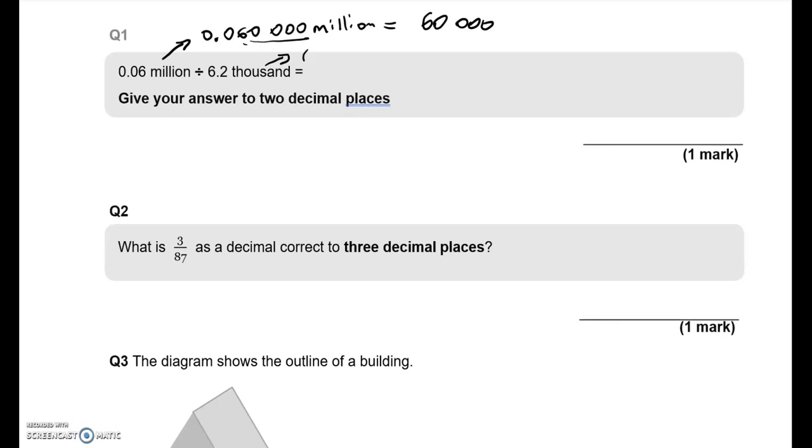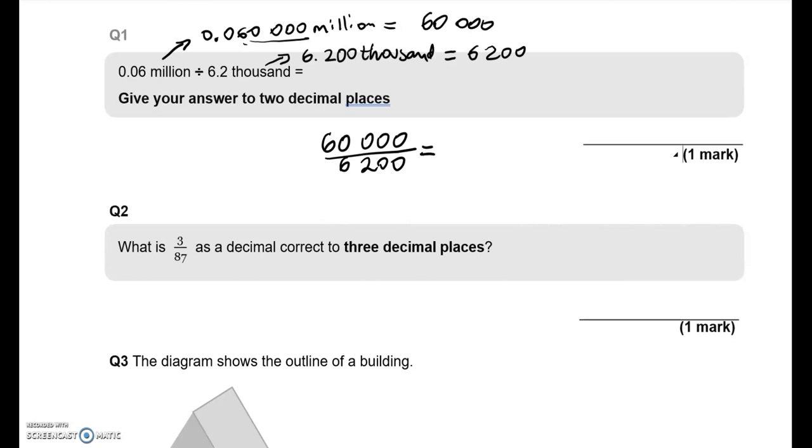Rewriting this one, 6.2 thousand, and we know that thousands have 3 digits after. So 1,000. So this is written like this, 6,200. So we've got to divide 60,000 by 6,200.